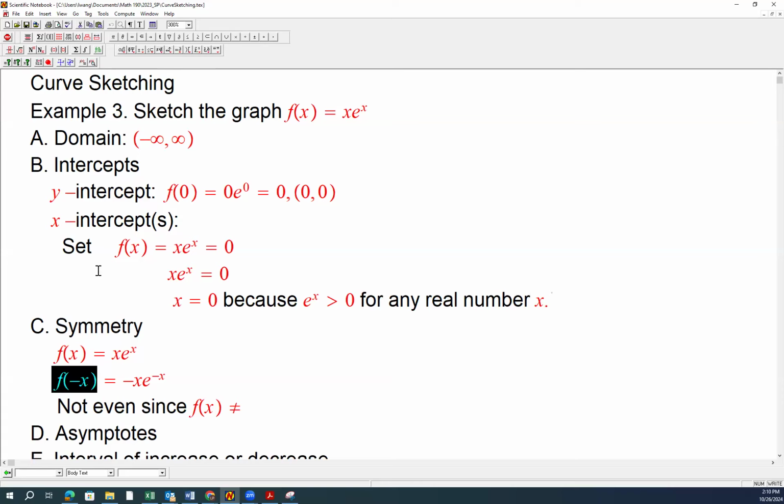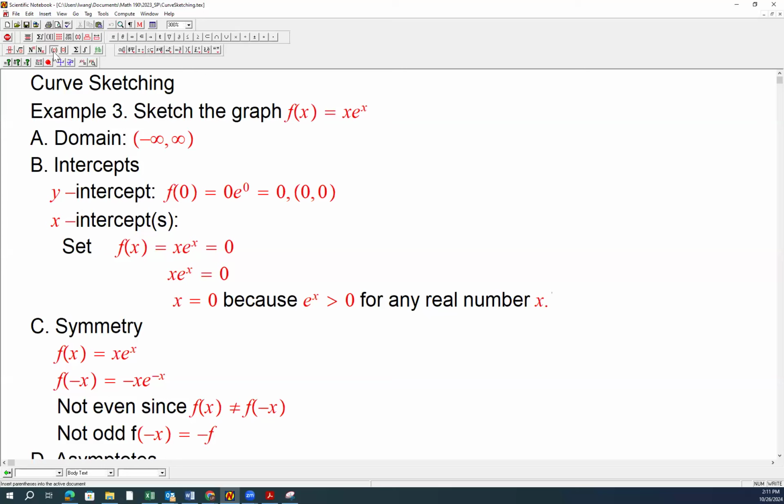So when the inputs are opposite, the outputs are not the same, but they're also not opposite to each other. And it's not odd, because for an even function, for opposite input, we get the same output. For an odd function, f of negative x should equal negative of f of x.